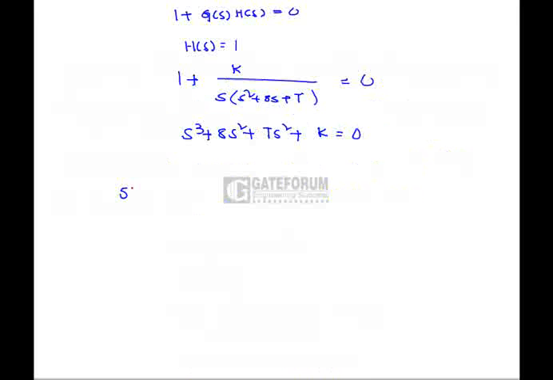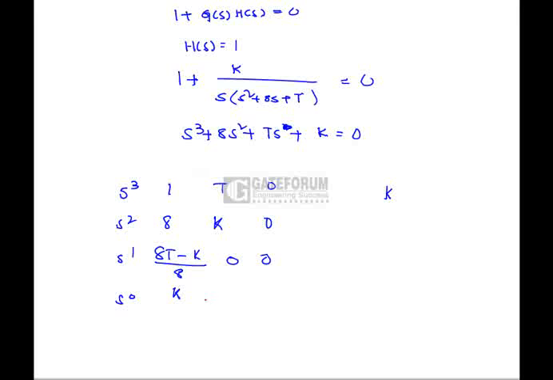So if we form the RH table, the rows are 1, t, 0; 8, k, 0; then (8t minus k) divided by 8, 0; and then k. For the system to be stable, all the first column elements must be positive.